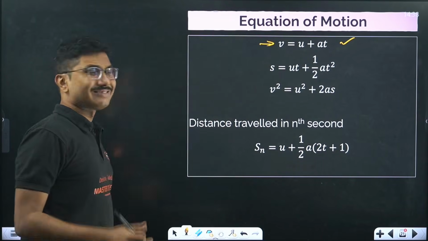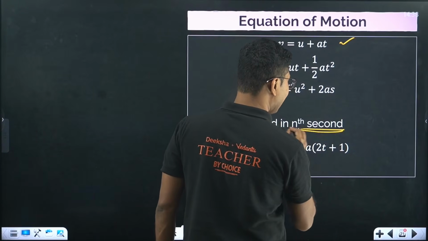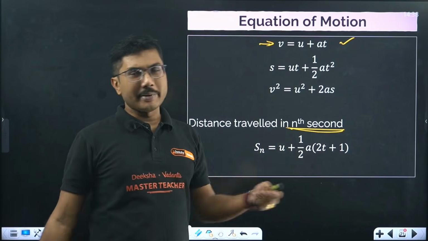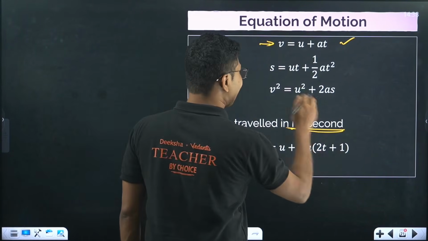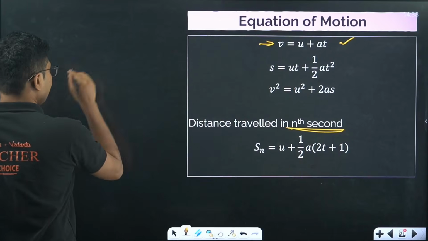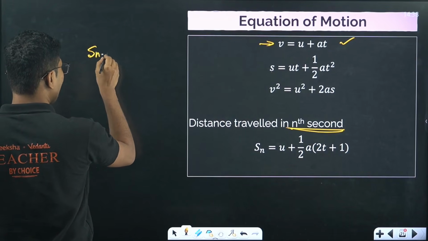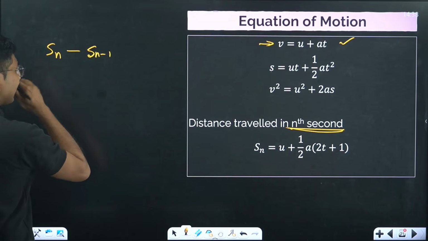Now, distance traveled in the nth second can sometimes be handy. If you don't know it, don't worry, you don't need to memorize this formula. Distance traveled in the nth second is the total distance traveled in n seconds minus the total distance traveled in n minus 1 seconds.